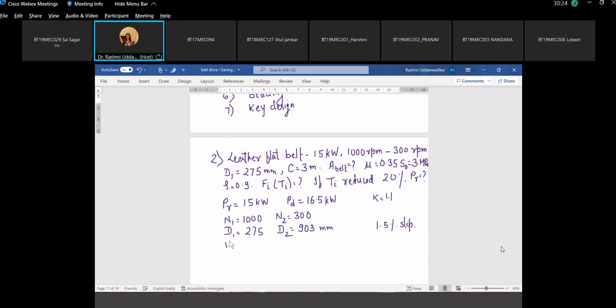Give me the peripheral velocity now. Pi D1 N1 in meter per second. (14.39).